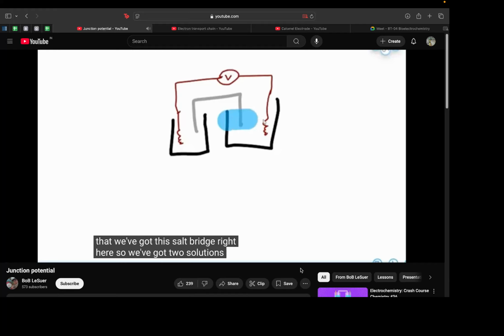We've got two solutions, with the solution spilling over a little bit. The junction potential is going to be important right in this region and also right in this region, because the salt bridge might be KNO3, potassium nitrate, and one solution here might be copper nitrate, and the solution here may be zinc nitrate.